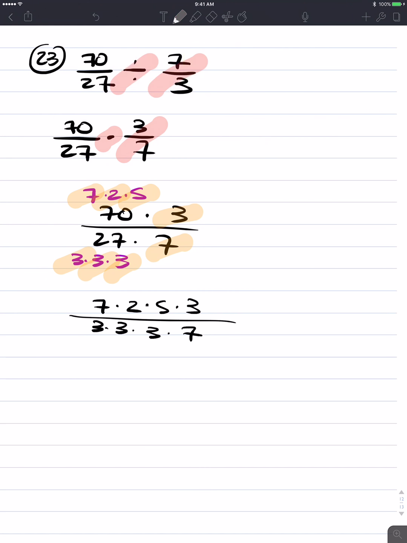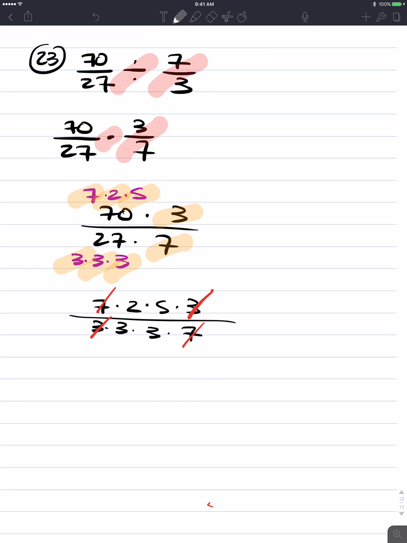We now get to cancel. 7 and 7 go away. A 2 does not cancel with any of the numbers on the bottom. The 2 in the numerator does not cancel with any of the 3's. A 5 does not cancel with any of the numbers on the bottom because the numbers on the bottom are 3's. This 3 cancels with one of the 3's that I have on the bottom.